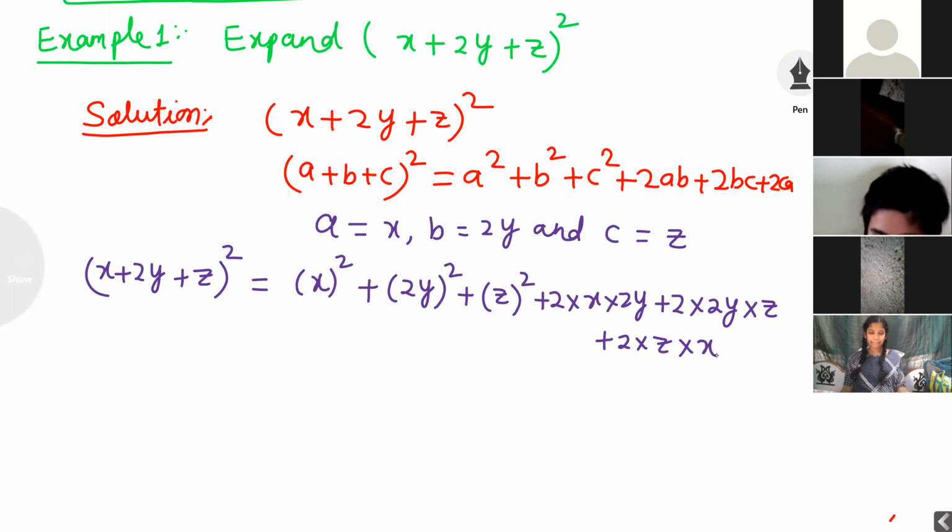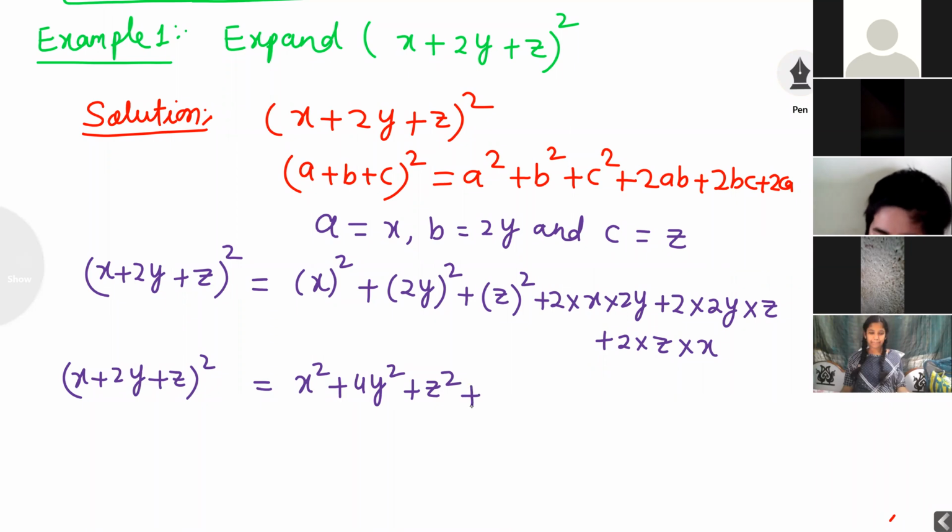Now we want to simplify this question. x plus 2y plus z whole square is equal to x whole square means x square, plus 2y whole square means 4y square, plus z square, plus 2 into 2 is 4, 4xy, plus 2 into 2 is 4, 4yz, plus 2 into z into x, 2zx, yes, 2xz.